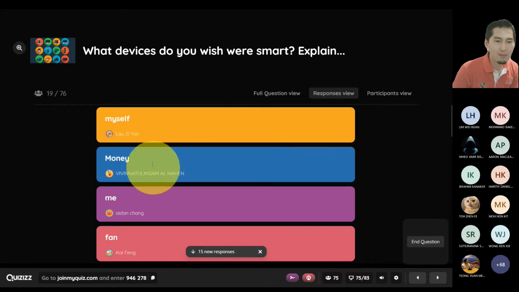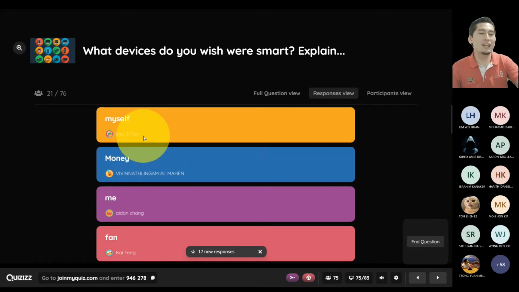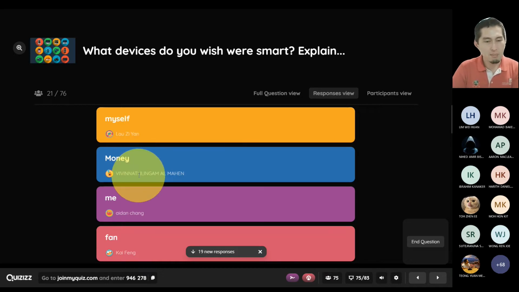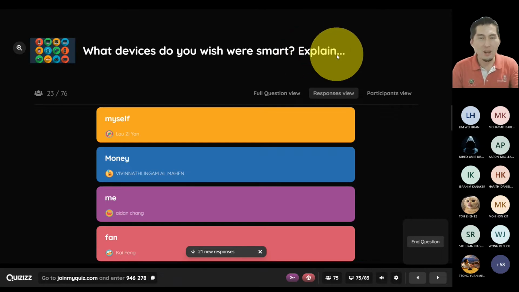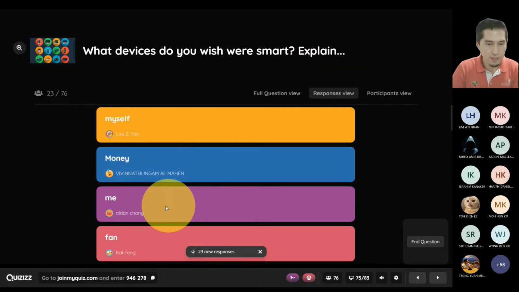Interestingly. Oh, sorry, I forgot now whether it's Zian a she or a he. But anyway, Zian hopes that oneself or a person can be smart. Vivian is saying money can be smart. Oh, it's things like that. That's why I put an extra word here to say explain, yeah? Aiden is on the same page with Zian.